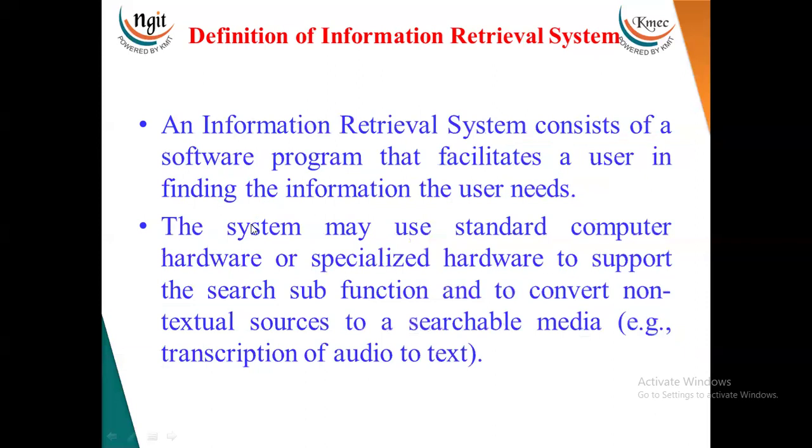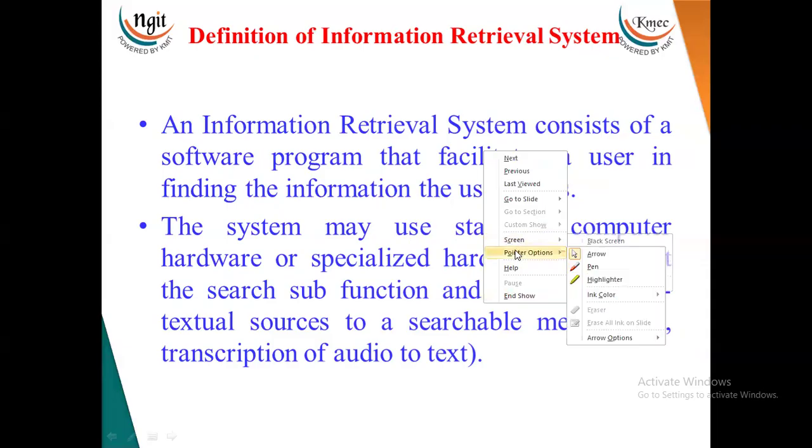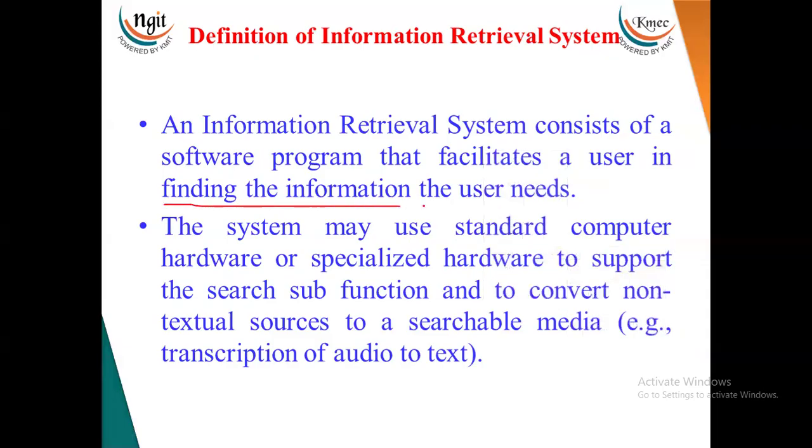Okay. So an information retrieval software facilitates finding the information required by the user. Whatever information the user requires, he can find through this particular system. It is a system which consists of all the software programs. How you write a programming language in order to design a task to retrieve some information from the user end, how you design such a system, is called an IRS.